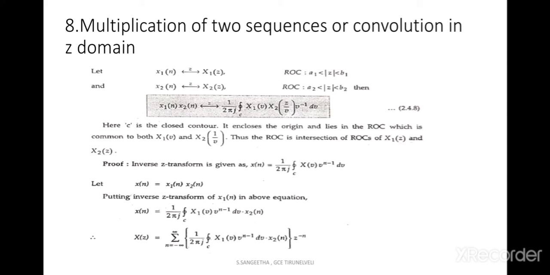Let x(n) be equal to x1(n) x2(n). Putting the inverse Z transform of x1(n) in the above equation, we get x(n) = (1 by 2 pi j) integration over C of X1(v) v to the power n minus 1 dv times x2(n). So capital X(z) is given as the summation from n equals minus infinity to infinity of (1 by 2 pi j) X1(v) v to the power n minus 1 dv times x2(n), times z to the power minus n.